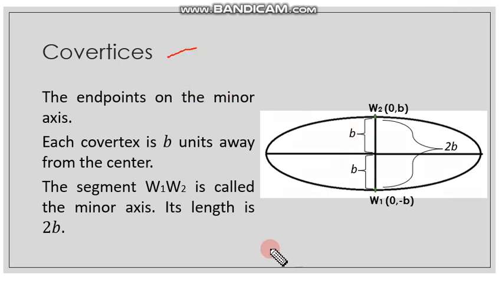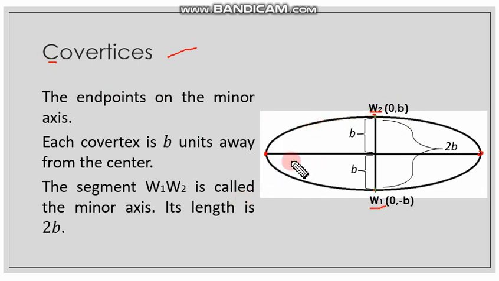If we have vertices at the major axis, the co-vertices are the endpoints on the minor axis. So that's W sub 1 and W sub 2, since ang CK for the center naman, we refer to them as W sub 1 and W sub 2.